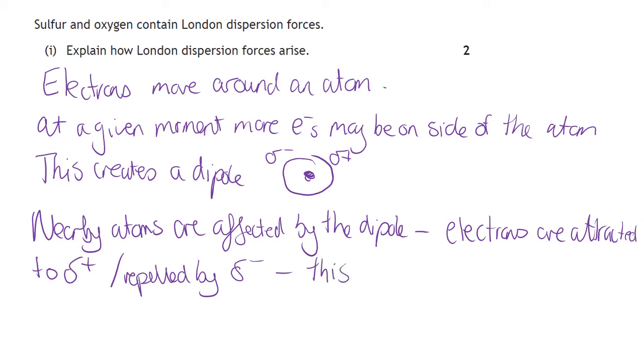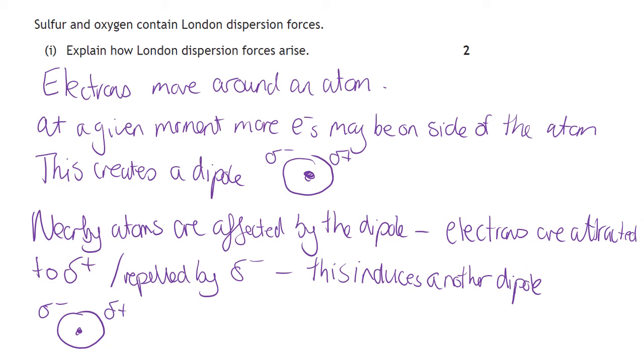This induces or creates another dipole. So we had our original atom, delta negative and delta positive. We have our next atom. It's delta negative. The electrons will move to be near to the positive charge or repelled from the negative charge. And this gives you a sort of bond between them.